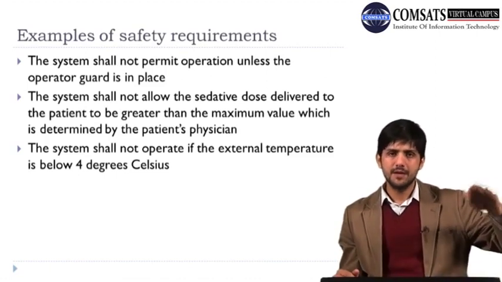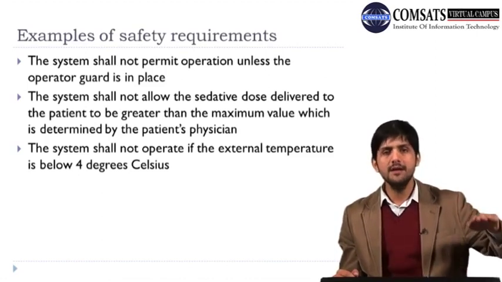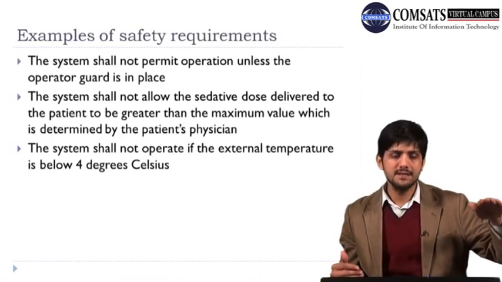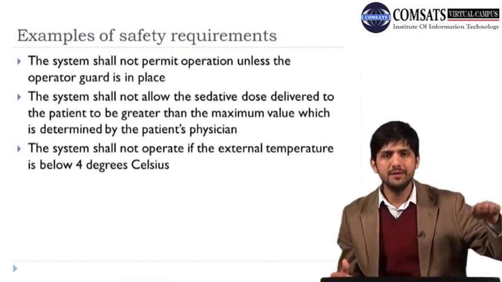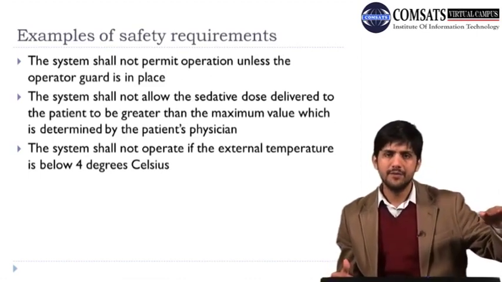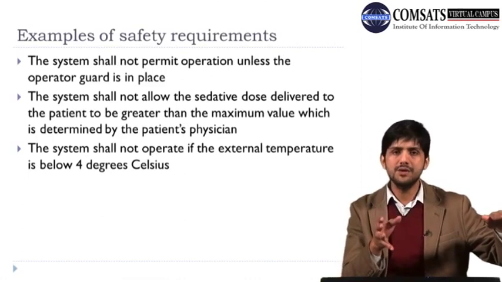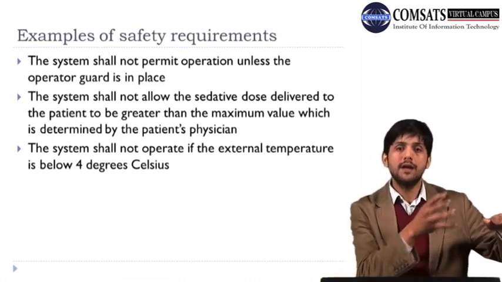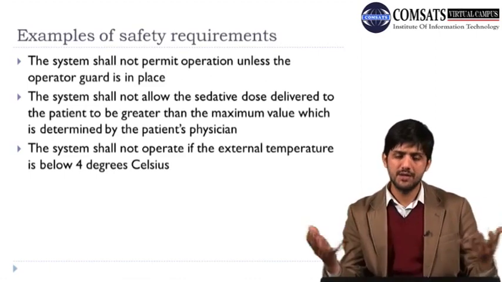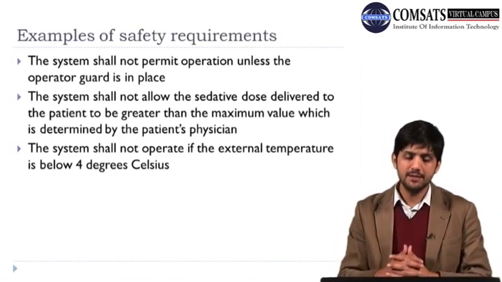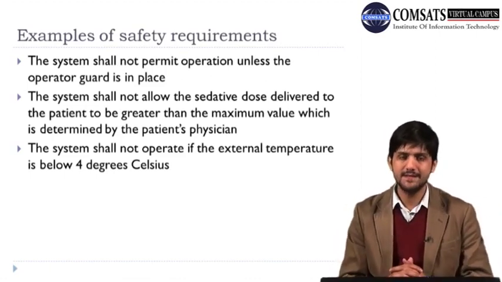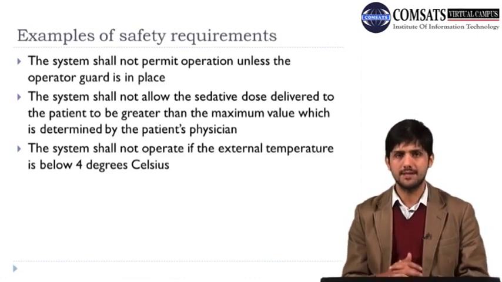That's what I meant: depending on which product you are working for, and because we are talking about safety critical systems, these safety requirements or standards are already there. We just need to figure out what situations should not happen, and all of those become our safety requirements. And the final example is: the system shall not operate if the external temperature is below 4 degrees Celsius.